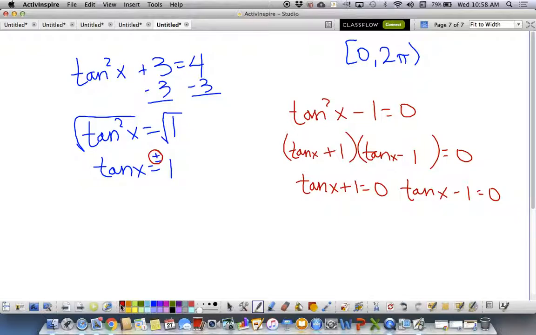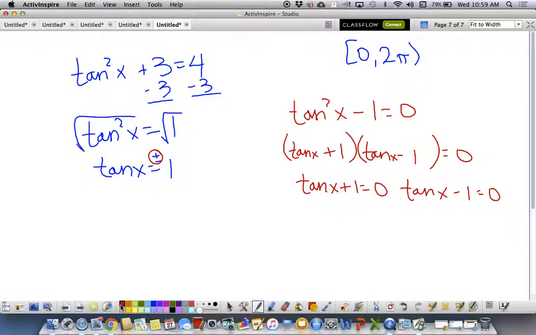Okay? So now, thinking all around your plate from 0 to 2 pi, when is tangent positive 1 or negative 1? Which quadrants are you in? All 4 of them.